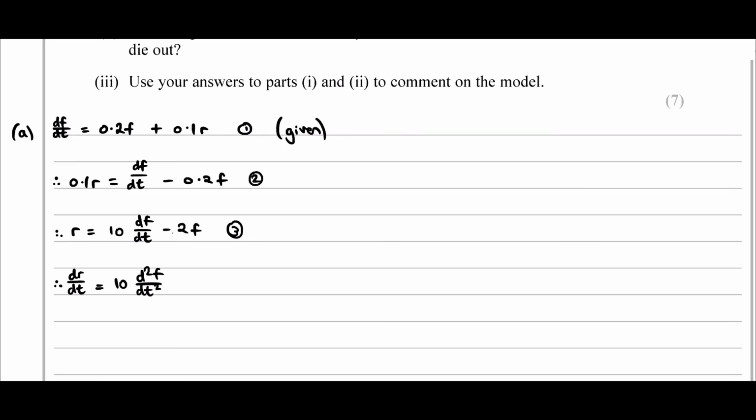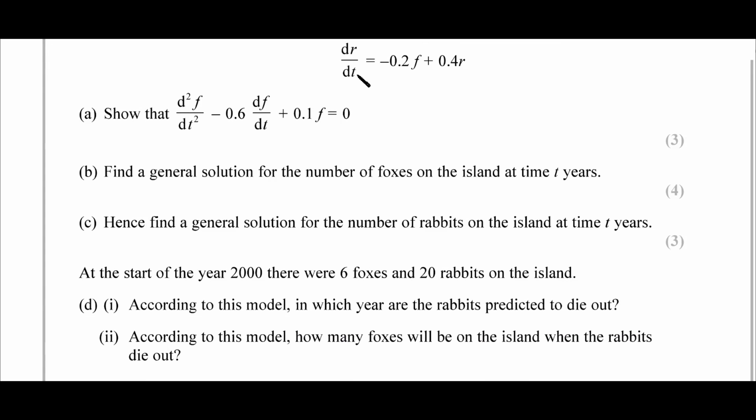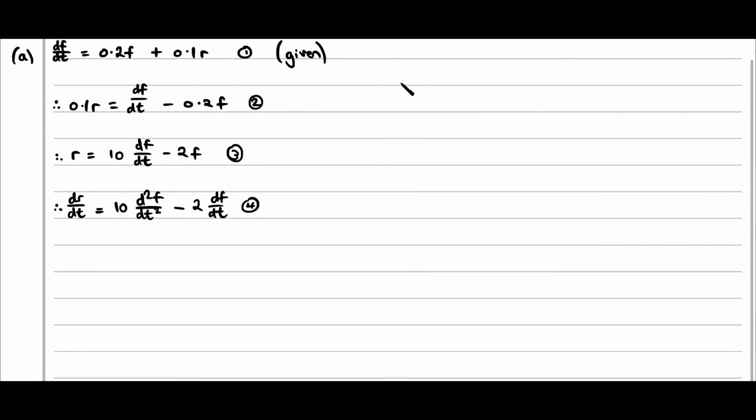And if I differentiate minus 2F with respect to t, we have minus 2 dF/dt. We'll call this equation 4. And we also have dR/dt, which is equal to minus 0.2F plus 0.4R. We'll call this equation 5. And this is given.